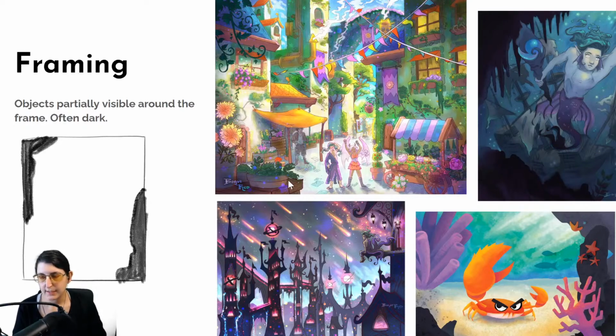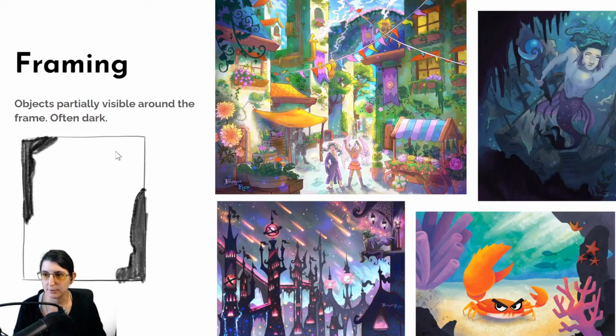This is a technique I like to use a lot, and I have a simplification of it here. It's just foliage or rocks or something that you put in the foreground that's dark and creates almost a frame around your art. You don't necessarily have to have it go all the way around. It will definitely feel different if you do.